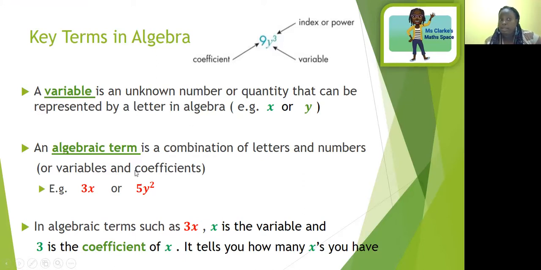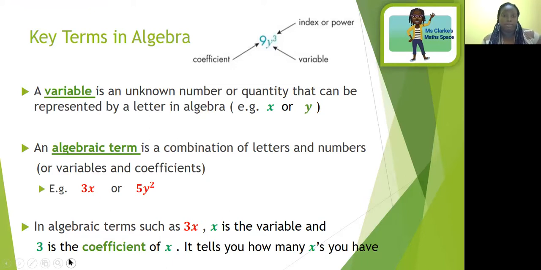Going back to the second note, an algebraic term would be the whole 9y cubed. So it's a combination of the letters and the numbers, or the variable and the coefficient. We have other examples such as 3x or 5y squared.